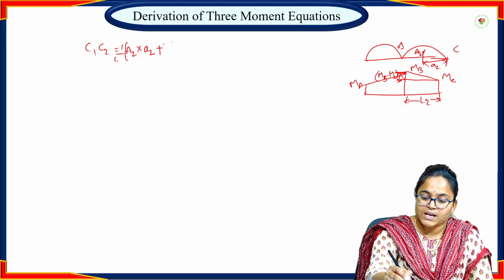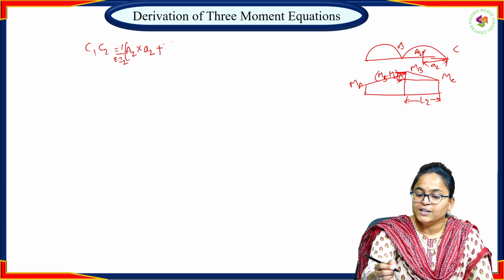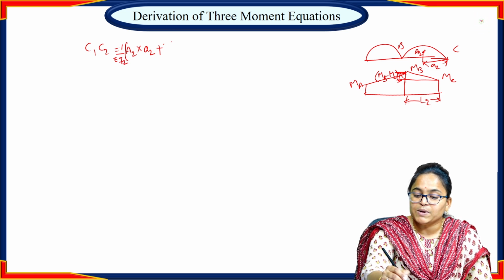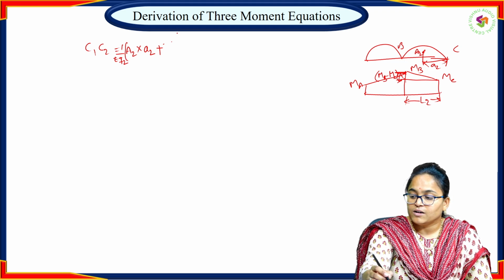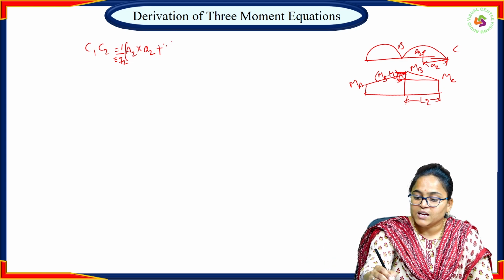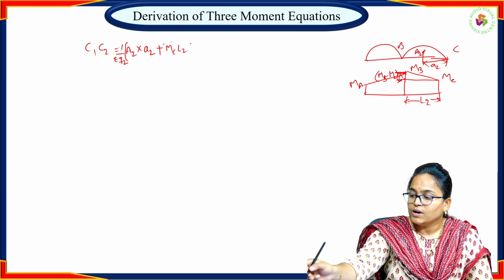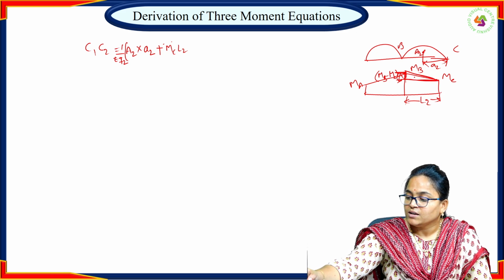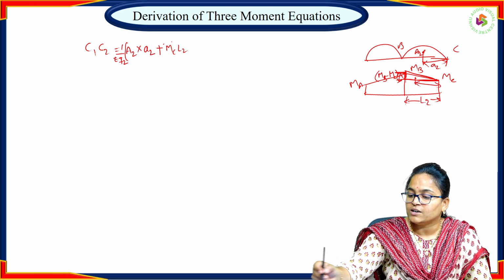we have 1 by EI2, so flexural rigidity. So this is applicable when the different spans of moment of inertia are different. Now, for fixed BMD, it is MC into L2, and for this triangle, we have to write area and the CG of this triangle.